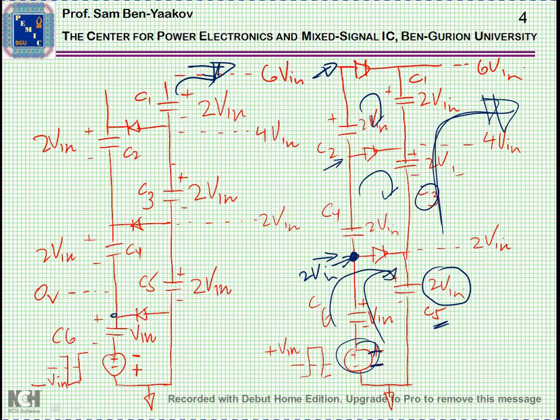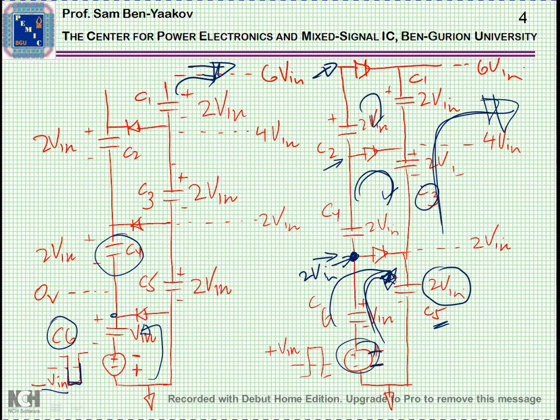So let's move now to the next half cycle, in which the excitation, the source, is negative, minus V in. Now, C6, that previously was partially discharged, can now be charged again by the source. Same goes for C4.